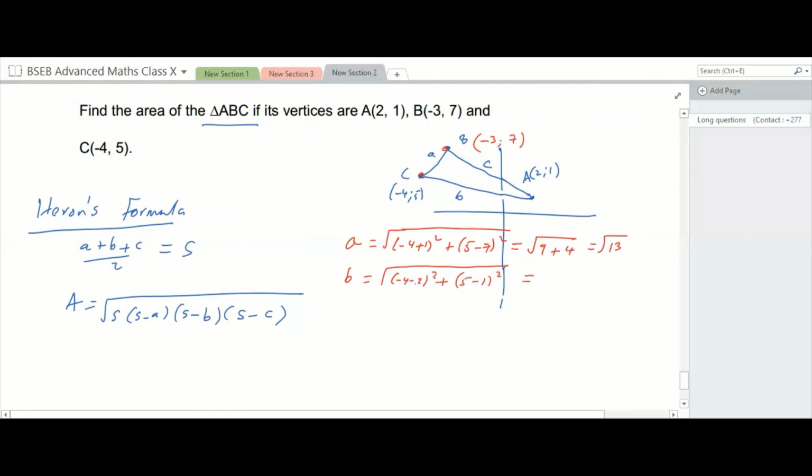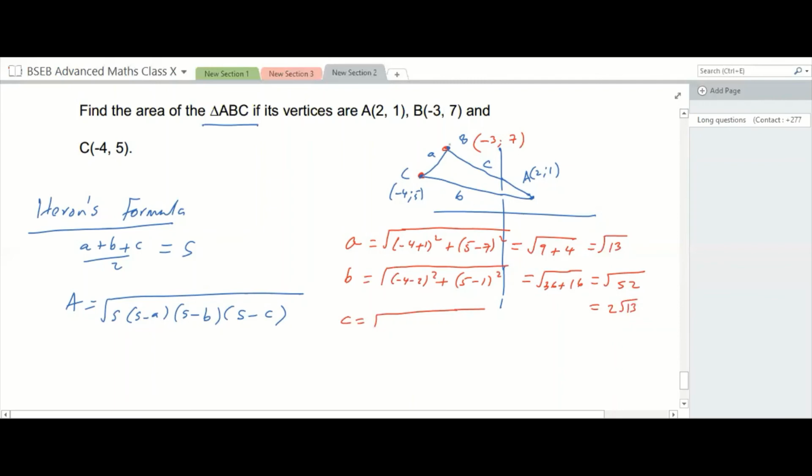So we're getting 6 squared, which is 36, plus 4 squared, which is 16. So which is equal to the square root of 52, which is 4 times 13. So 2 root 13. And then C is equal to the square root of.